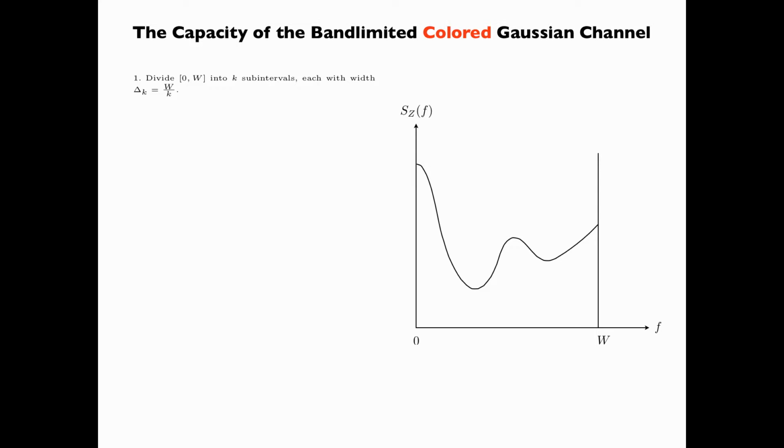First, divide the interval [0, W] into k subintervals. The width of each subinterval is delta k equal to W over k. Let the ith subinterval be [FLi, FHi] for i from 1 up to k.